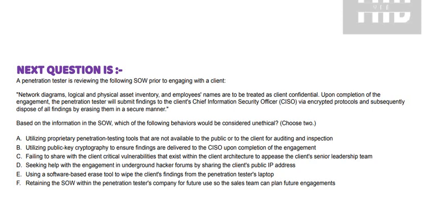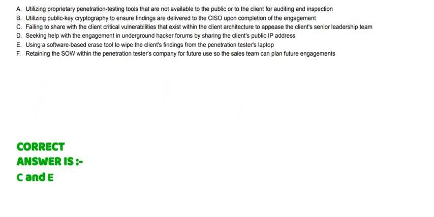Option E. Using a software-based tool to wipe the client's findings from the penetration tester's laptop. And option F. Retaining the SOW within the penetration tester's company for future use so the sales team can plan future engagements. And the correct answer is option C and E.